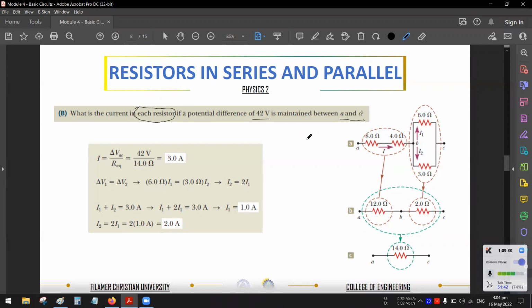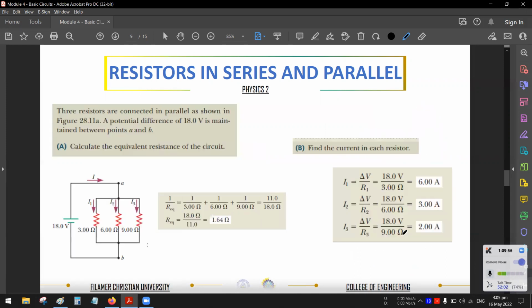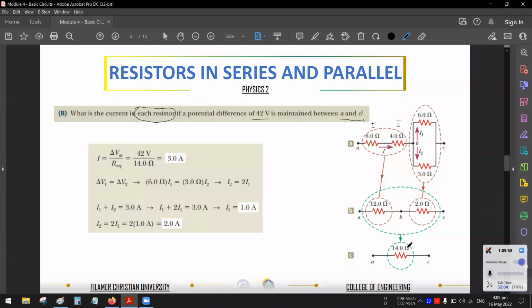And then yung kukunin natin is yung current dito, and current nito. Okay? So first, kinuha na natin yung total equivalent resistance natin is 14. Diba? So 14. So therefore, we can just solve for the current.